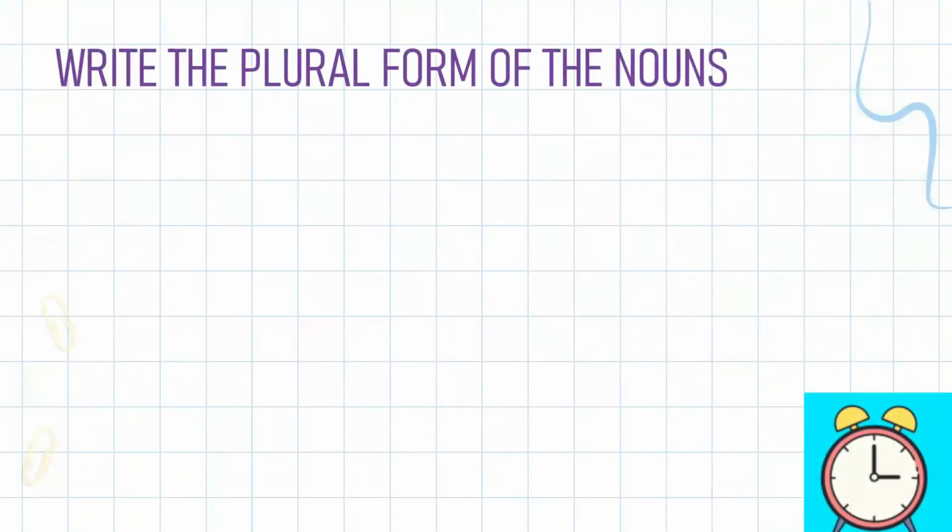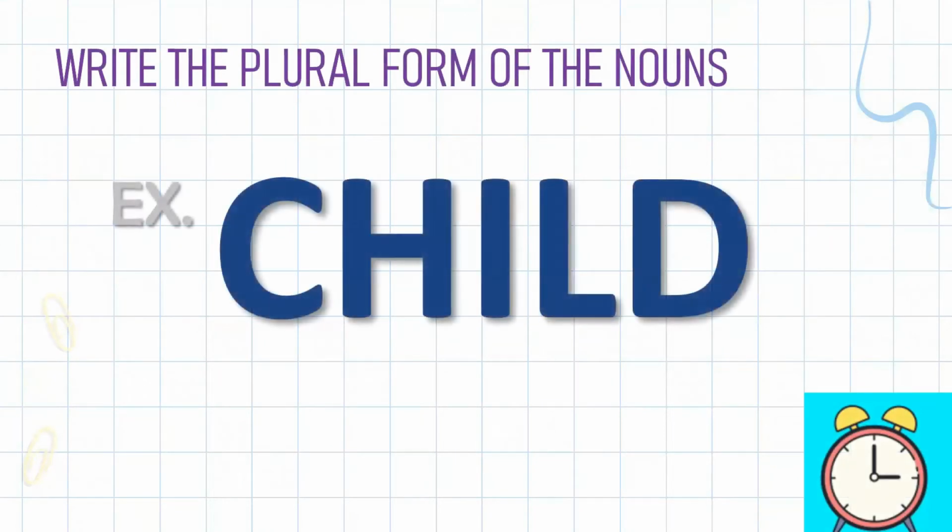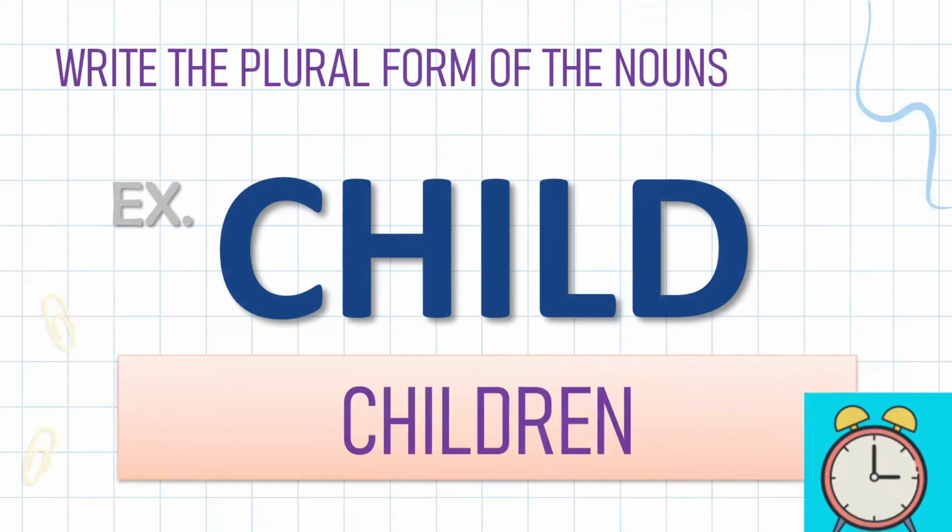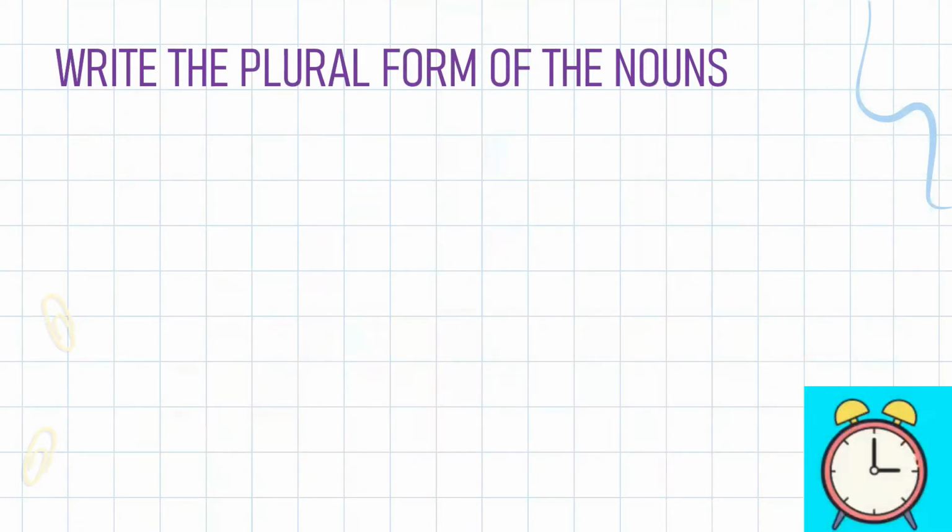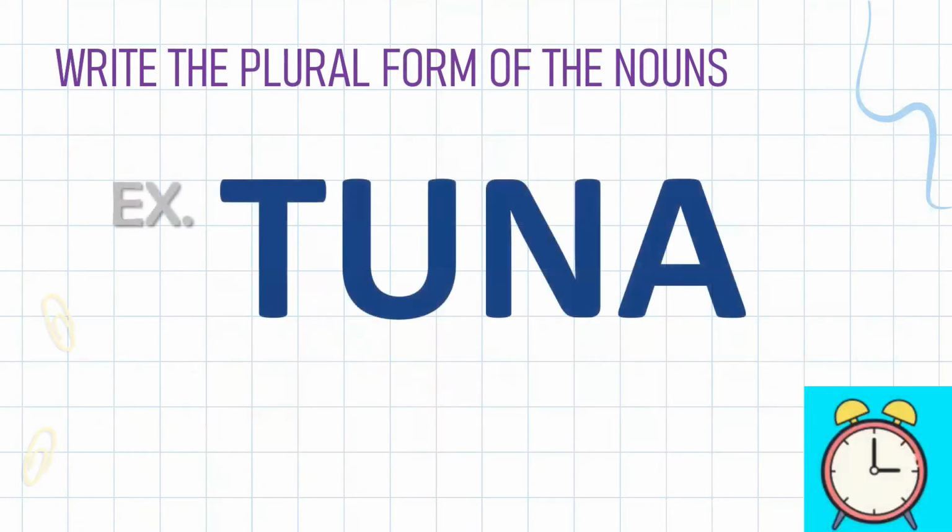Let's begin. What is the plural form of the word child? What is the plural form of the word child? The correct word is children. Next, how about the next one? What is the plural form of the word tuna?